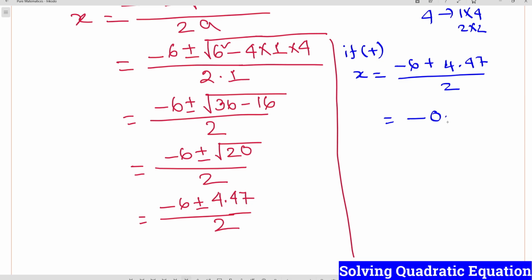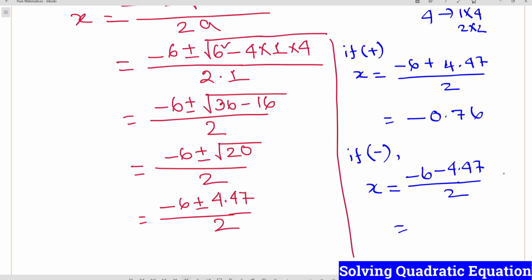Minus 0.76. If negative, x equals minus 6 minus 4.47 divided by 2. Minus 6 and minus 4.47 will be minus 10.47.